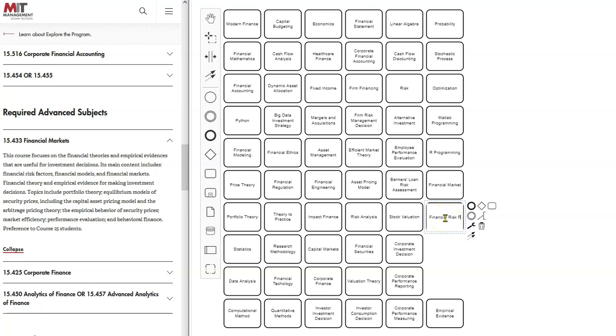Financial risk factor. And financial model. Now we have financial modeling, but that is a process, whereas the financial model itself is something you build.